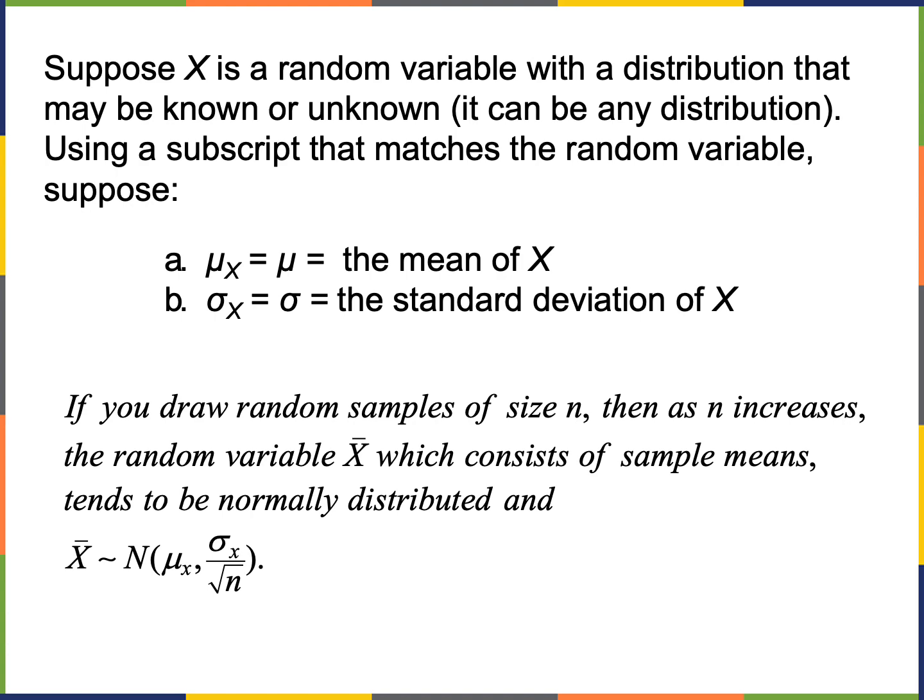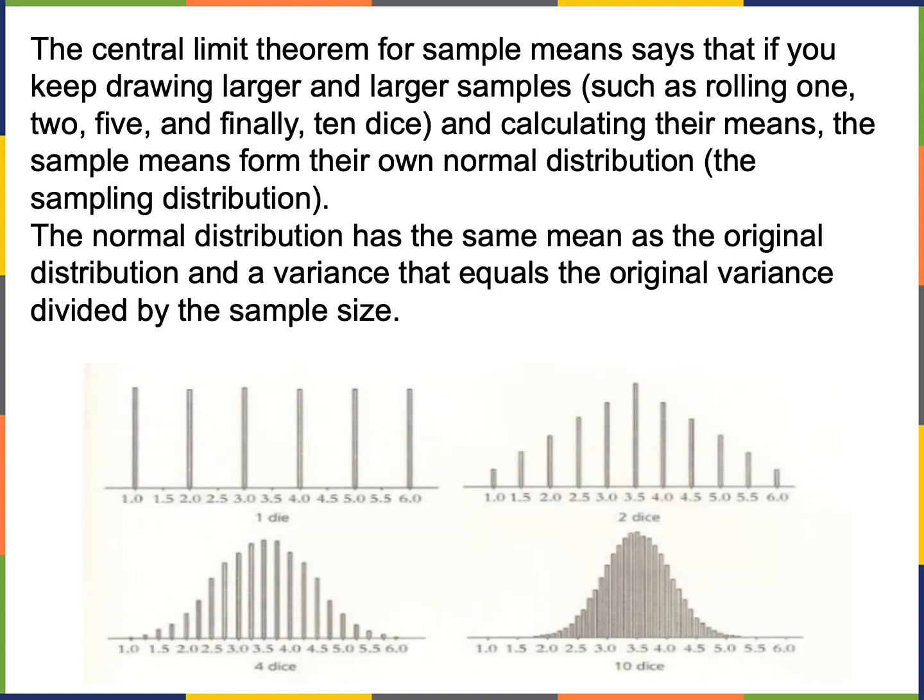If you keep drawing larger samples and calculate their means, the sample means form their own normal distribution, also called the sampling distribution. The variance is the original divided by the sample size, which makes sense because it's an average.